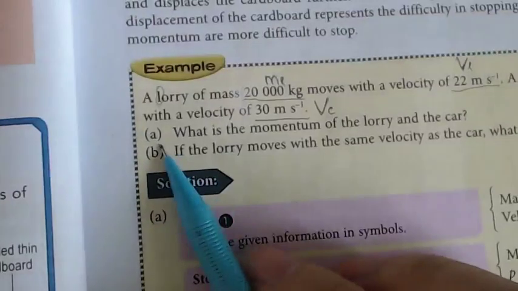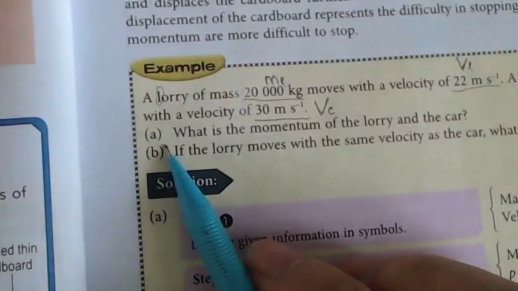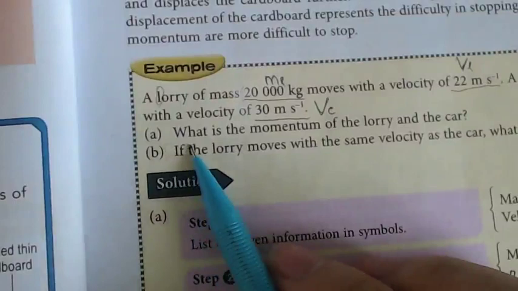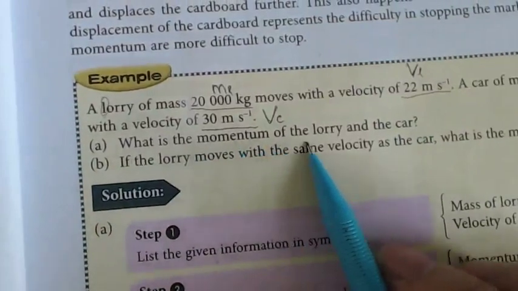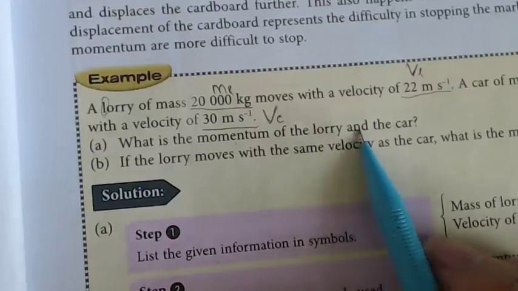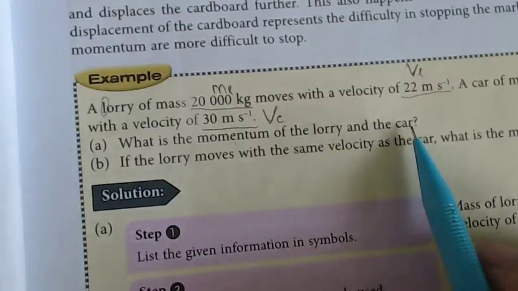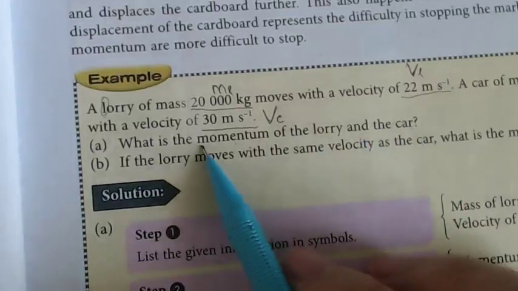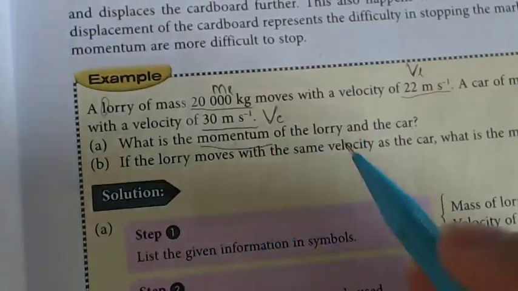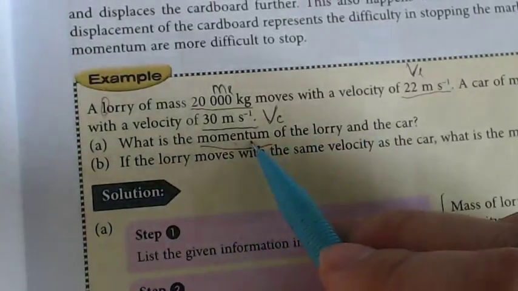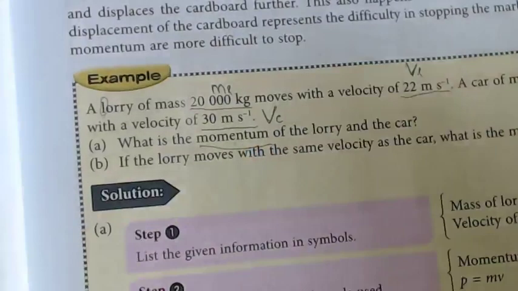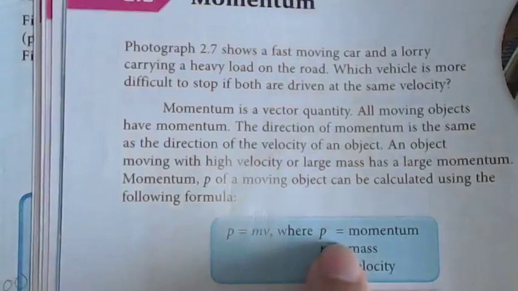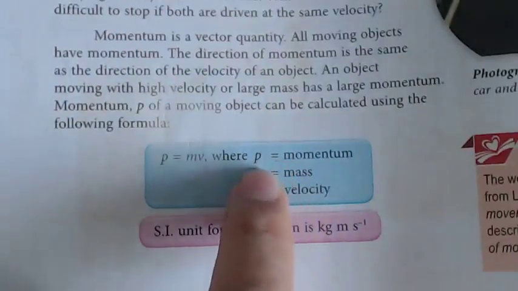Now the question: what is the momentum of the lorry and the car? Oh, simple one. What is the momentum? Underline that one too. What symbol are you going to use for momentum? Remember the symbol? Here it is. For momentum, we use the symbol p.